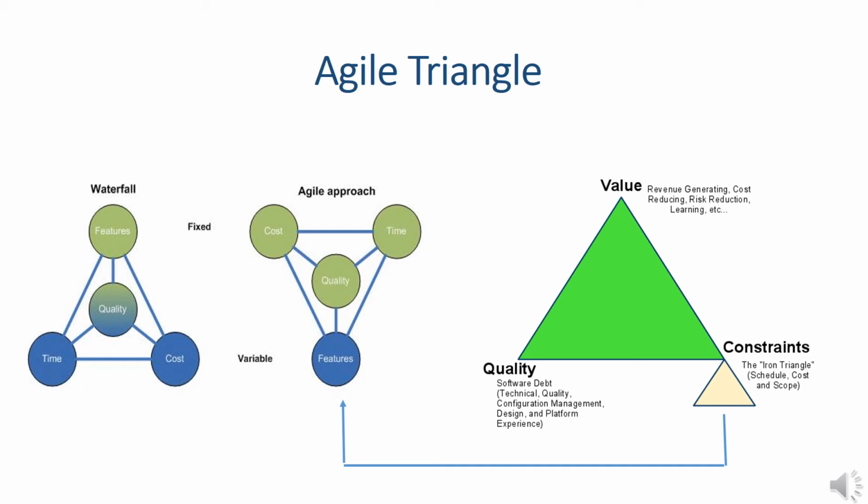Now let's have a look into quality on the bottom left. How come the quality is one corner of the triangle? Let's look back into the waterfall, where quality was treated as a single standalone guy. In the planning stage in the waterfall, we have done a complete quality management, and we have derived the quality assurance, which was followed in the execution stage, and in the monitoring and control process we have followed the quality control, right?